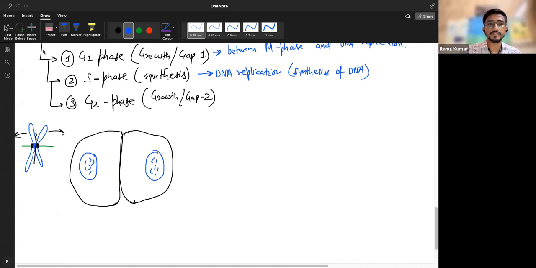Write down G2 phase. Now G2 phase is another gap or growth phase. So in G2, write down.